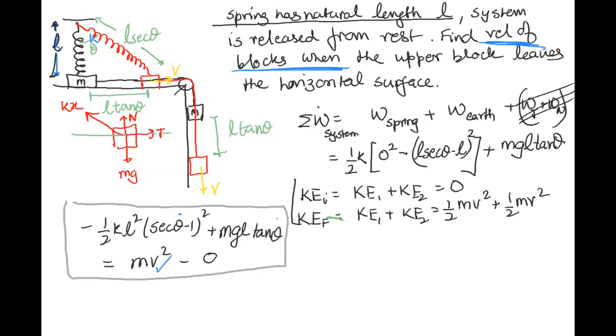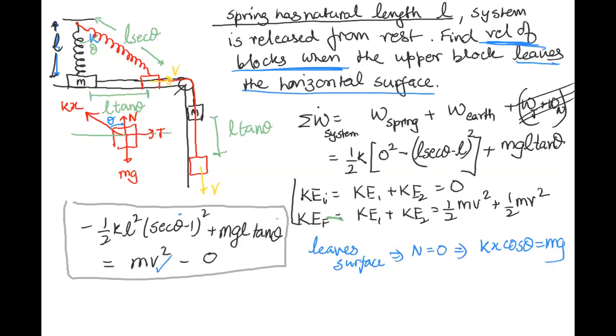So leaves the surface, which is the key statement here, implies that normal reaction is equal to zero, which in turn implies if this angle is theta, kx cosine theta must be equal to mg.